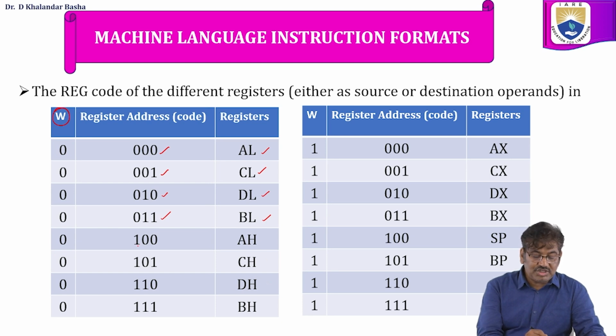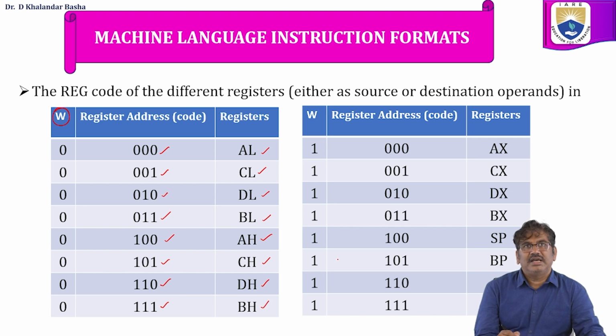Whereas the register code 100 corresponds to the AH register, 101 for the CH register, 110 for the DH register, 111 for the BH register.